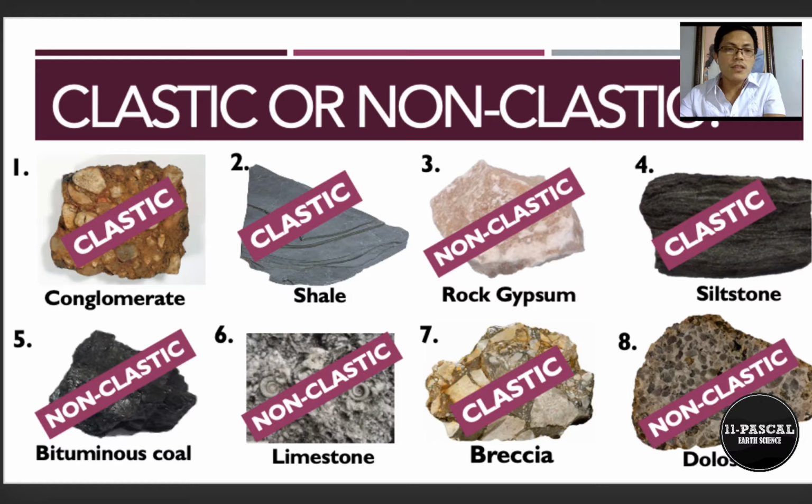Conglomerate is clastic, shale is clastic, rock gypsum is non-clastic, siltstone is clastic, since they are fragments embedded in a matrix. Bituminous coal is non-clastic, as well as limestone. Breccia is clastic, and dolostone is non-clastic.